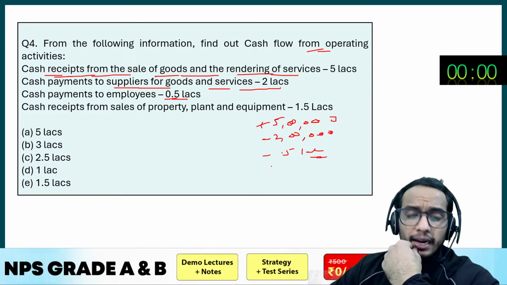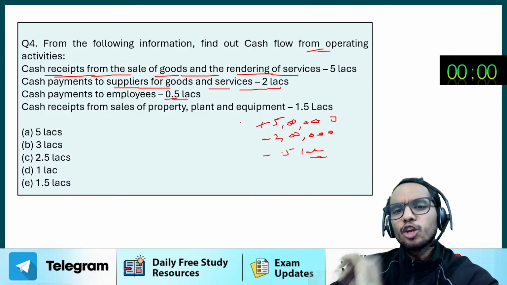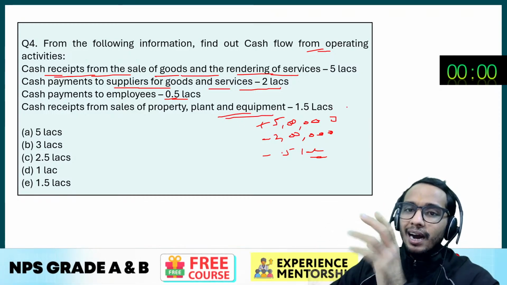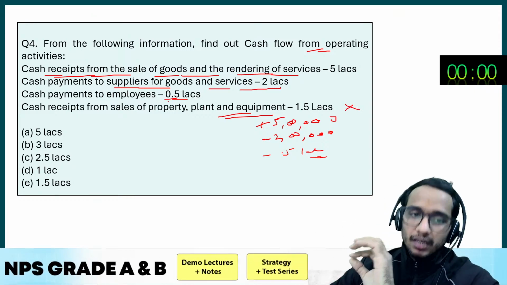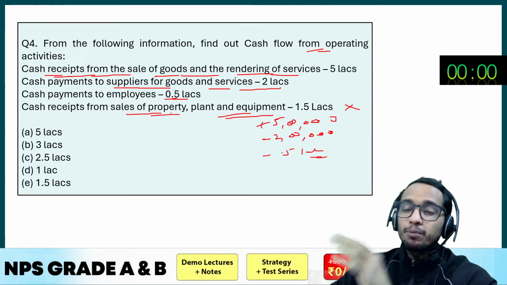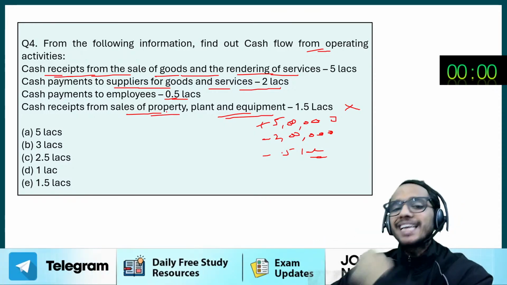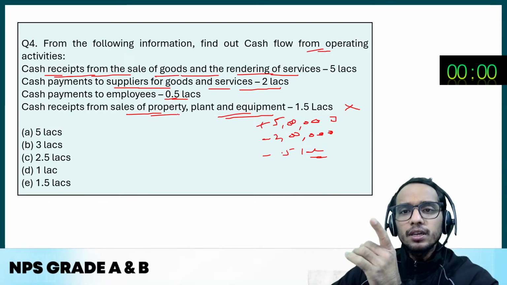Okay. And then you have cash receipt from sale of property, plant and equipment, 1.5 lakh. No, this is not under the operating activities. This is under the investing activities. Arey Baba, you are selling the PPE, property, plant and equipment. That comes under your investment. So whenever you are selling it, whatever you are getting, it is under your investment activity, not under the operating activities.